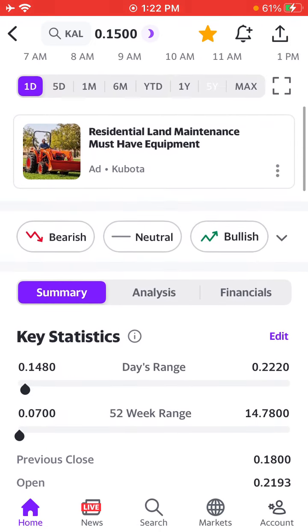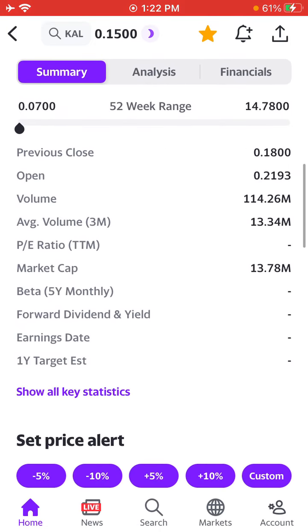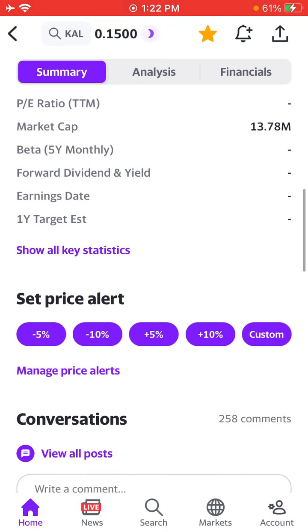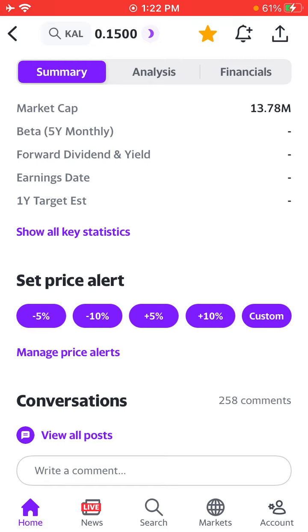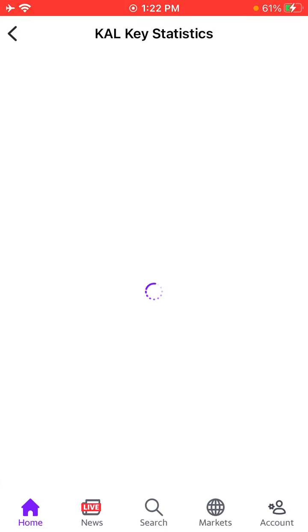Okay, so this stock, it's CAL. The closing price is 50 cents, and then the market cap is 13.7.